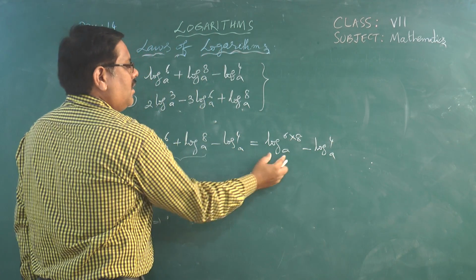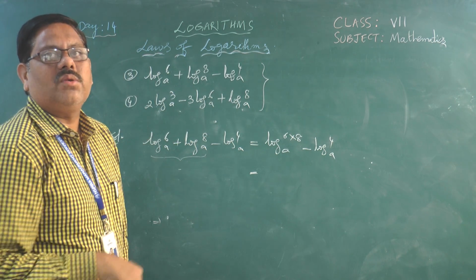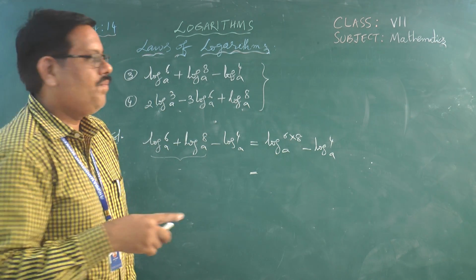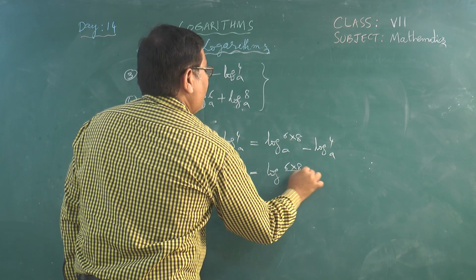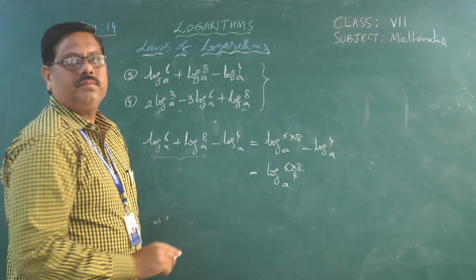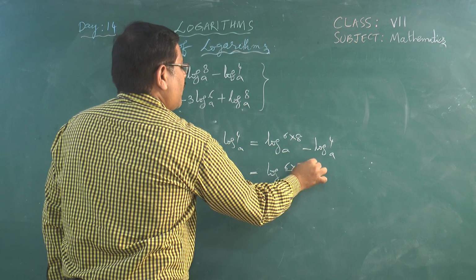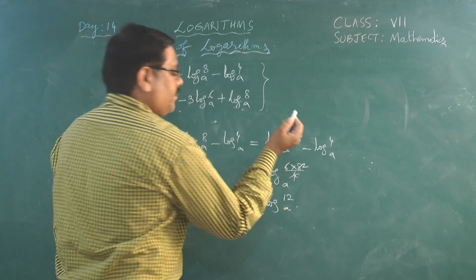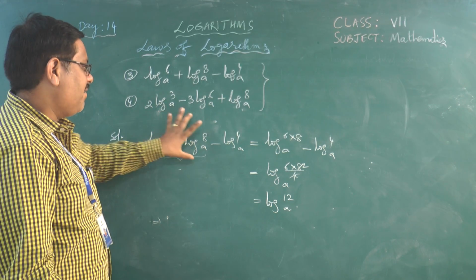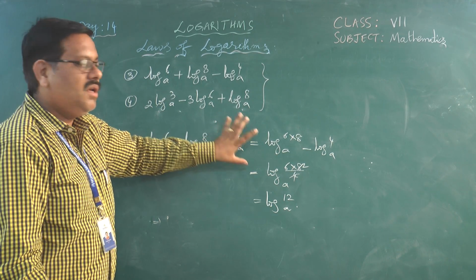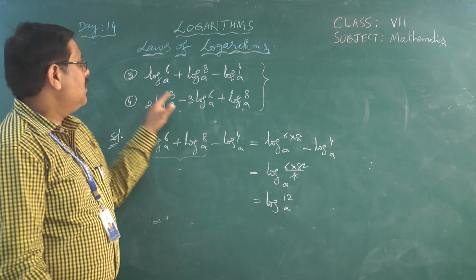Now if you look at that, these are two logs of the same base and we have the difference between them. So it is the second law, subtraction law. We can write it as log 6 into 8 divided by 4 to the base a. Otherwise, here 4 cancels 2 times, that is log 12 to the base a. So the three different terms we had in the given question, we have converted into a single logarithm. That is the answer for the third question.